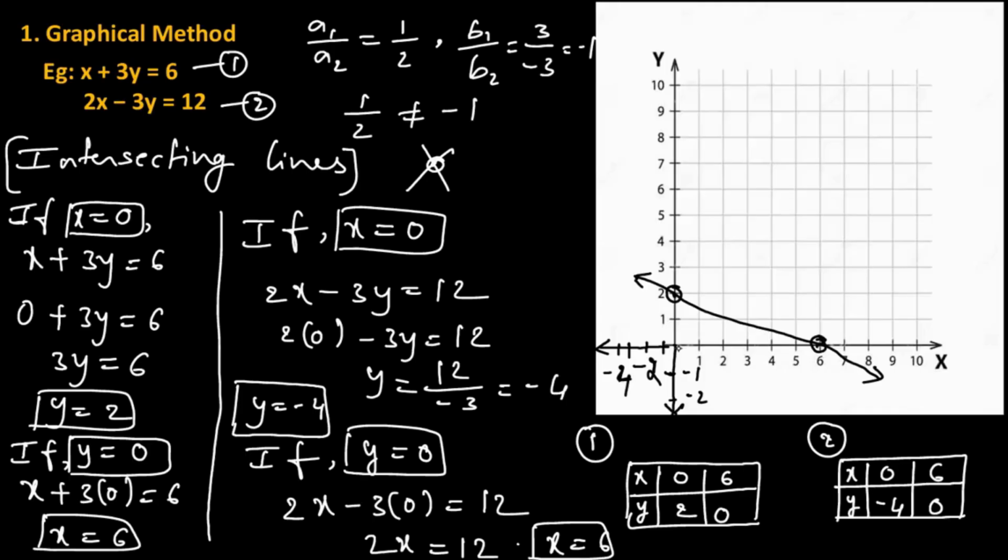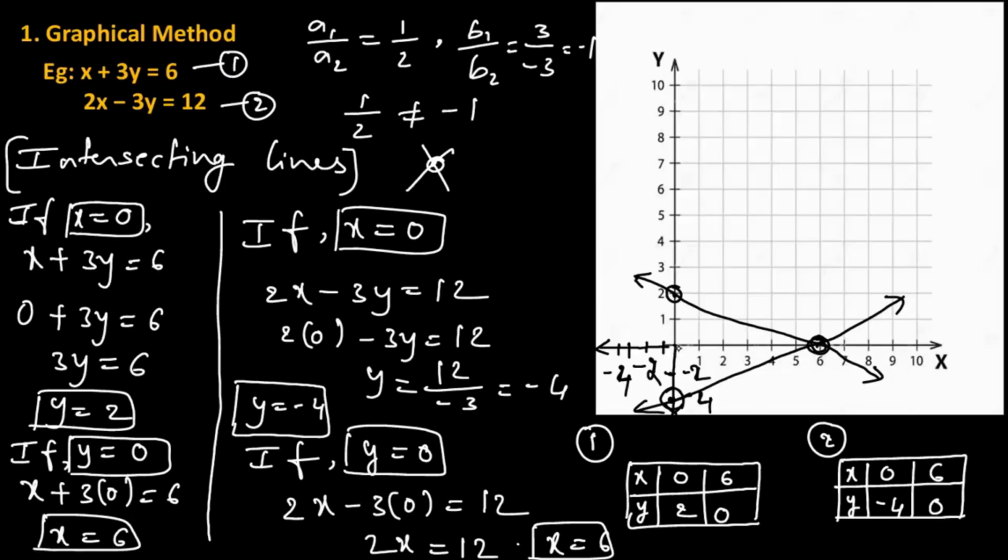Next one. When x is equal to 0, y will be minus 4. Here I am taking minus 4. Next one. When x is equal to 6, y is equal to 0, the same point for this also. Join these two. So these lines are intersecting.